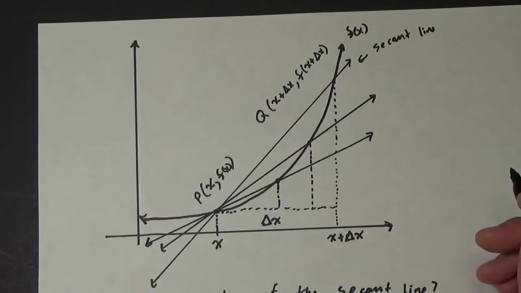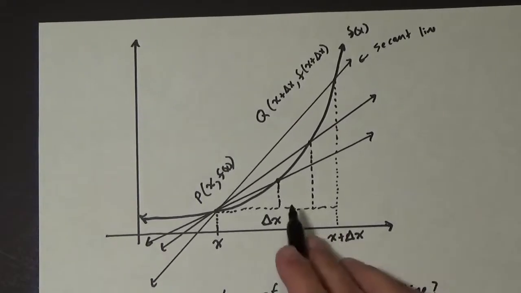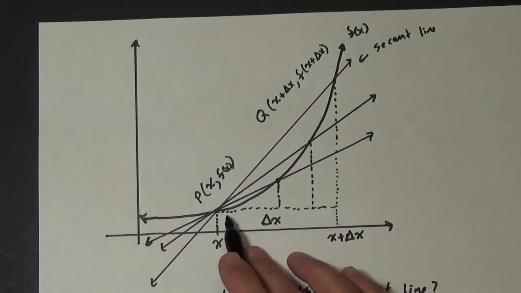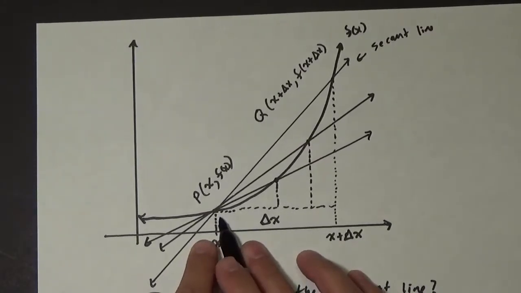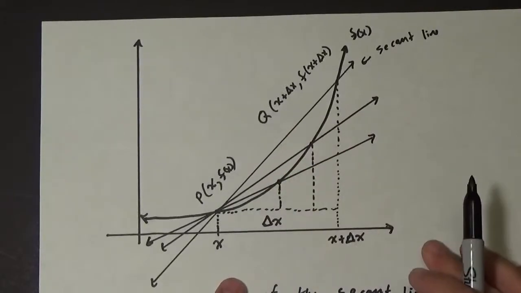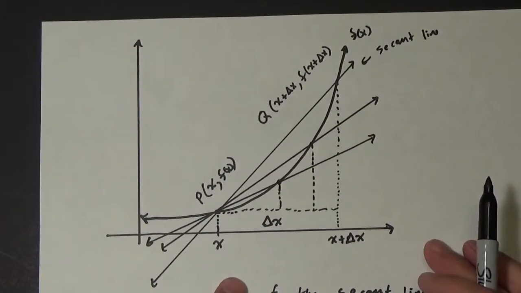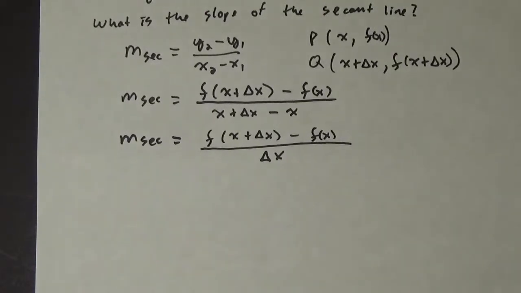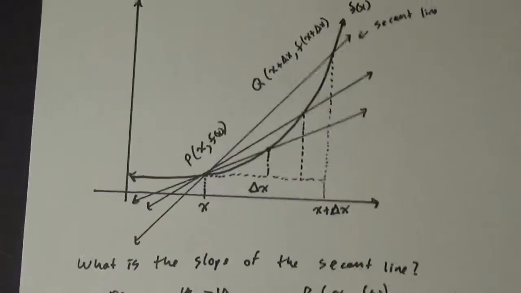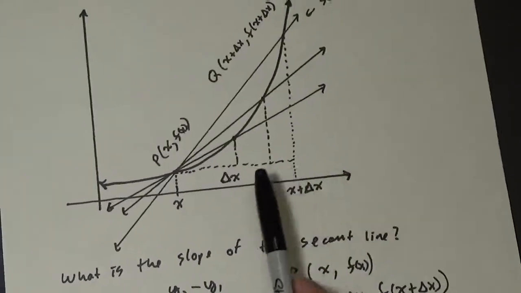Now, obviously, as we keep on getting closer and closer, and we make this delta x smaller and smaller, we'll be getting closer and closer to this tangent line. We can't make delta x 0, because if we go back to the slope of our secant line, if we put a 0 in for delta x, this thing would be undefined. However, what if we did this?